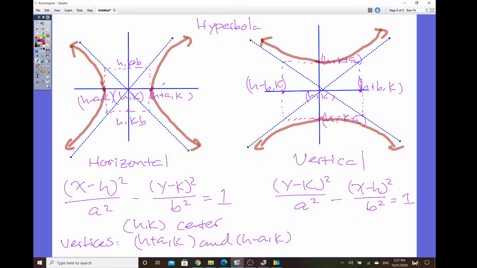Once you set up the vertices, and also these symmetrical points, we can find them by using h comma k plus b and h comma k minus b.